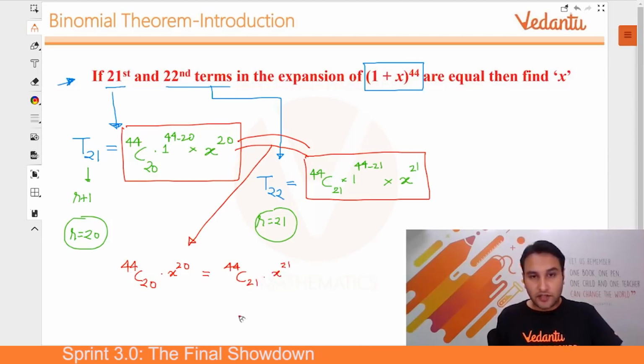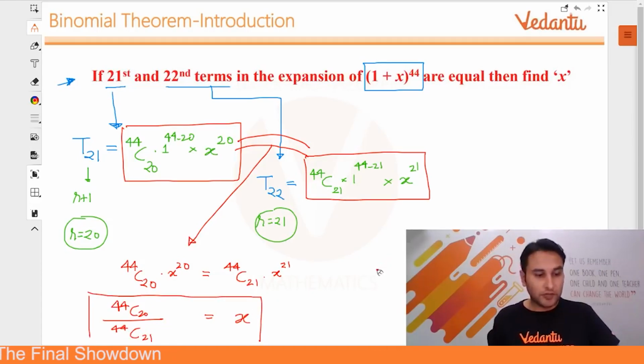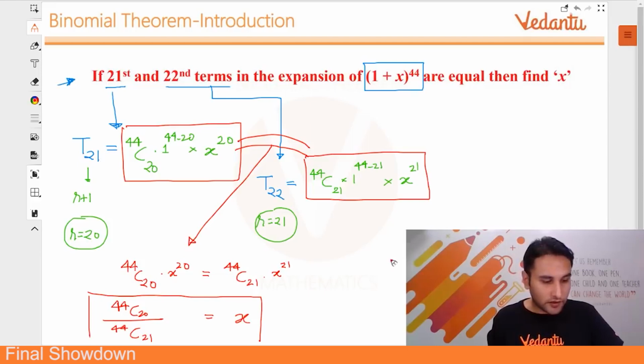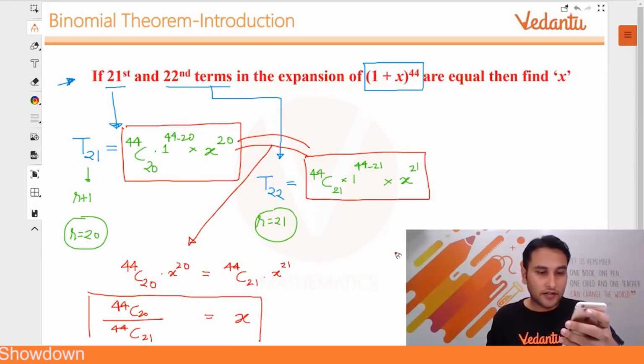Cancel. Here you will get x, here you will get 44C20 upon 44C21. Can you open it and solve? Till here I hope it's clear to all of you. Now start opening it up and solve. Anybody the answer? Tell me the answer in the fraction.